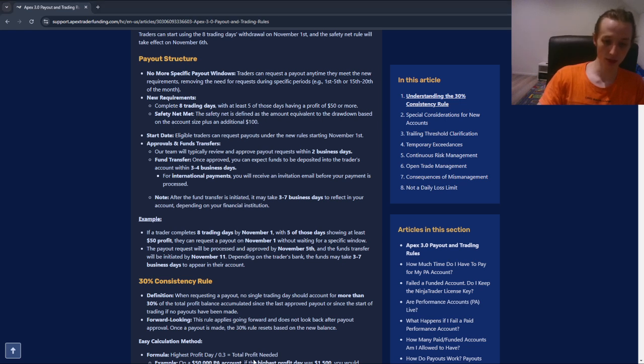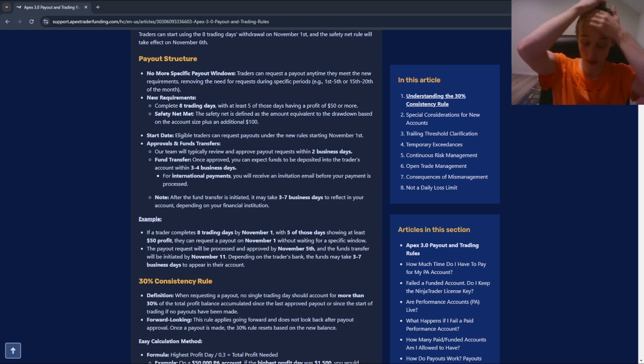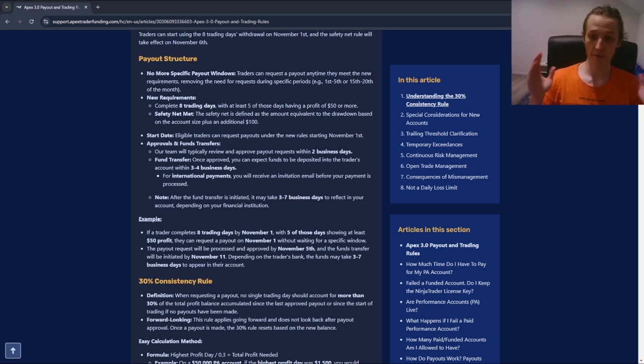Okay, so the safety net is something that every single funded account has, especially with Apex, and it's defined by the account size. Now, you guys know me, I have a $50,000 funded account, and the total trading drawdown on the account is $2,500.